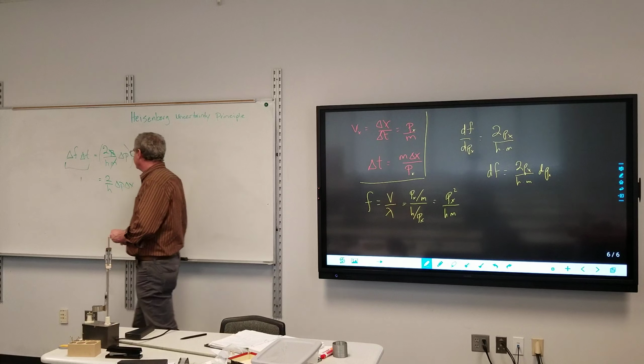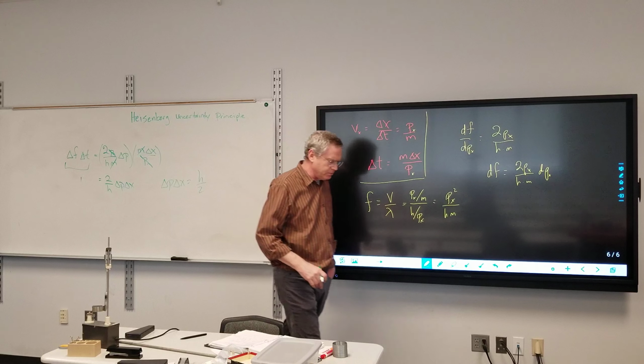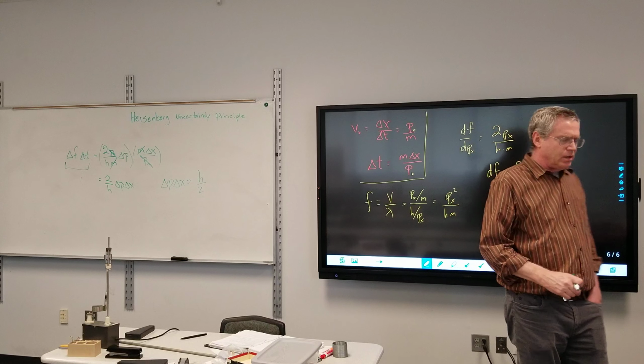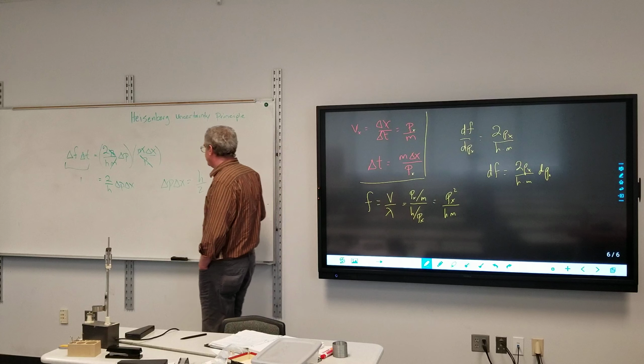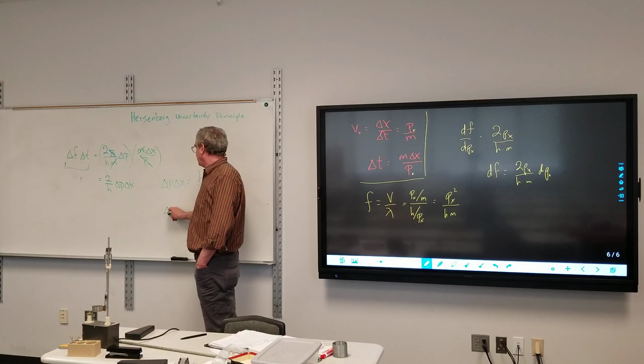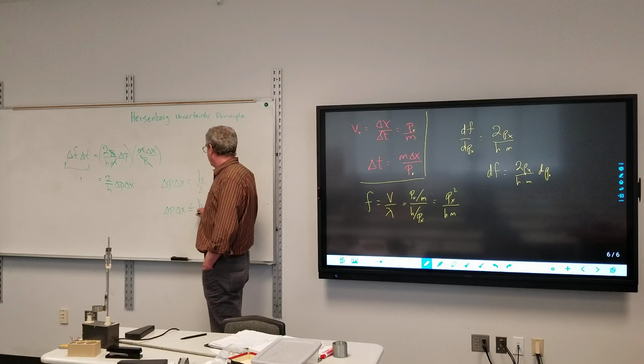And so we end up with delta p delta x is equal to h over 2. Again, it's a pseudo derivation. And then one last final hand wave, or two, depends on how you want to count it. Delta p delta x is less than or equal to h bar over 2. It's greater than or equal to.